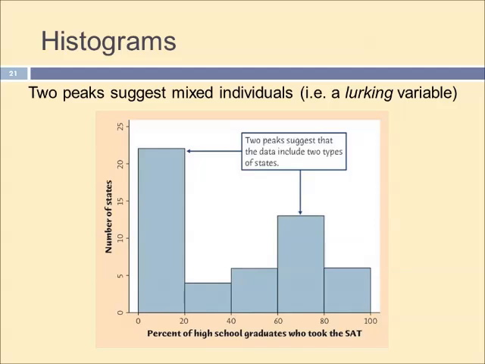There are two peaks here, so this suggests that there are two different types of states represented, which in this case makes a lot of sense, because we're talking about the percentage of high school graduates who took the SAT. Well, there's another popular test called the ACT, and it could be that the difference between the states in the two peaks has something to do with that other test.